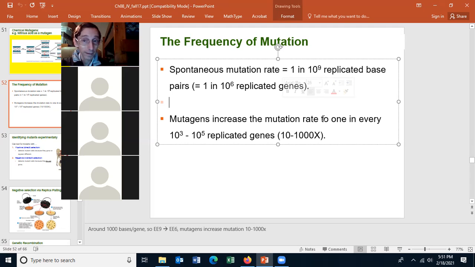Do you guys follow this? There's 1,000 bases in a gene, so that means that if this is the base mutation rate, the gene mutation rate is 1 in 10 to the 6. And if you increase the mutation rate tenfold, you will make the mutation rate 1 in 10 to the 5, which is right there.